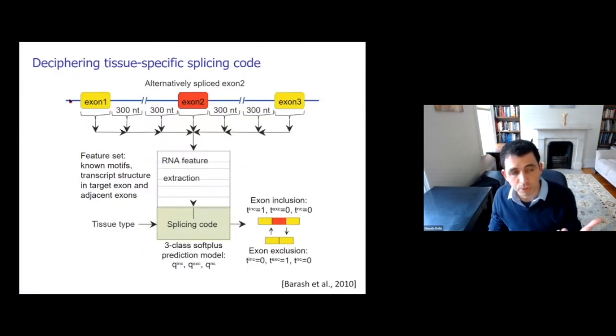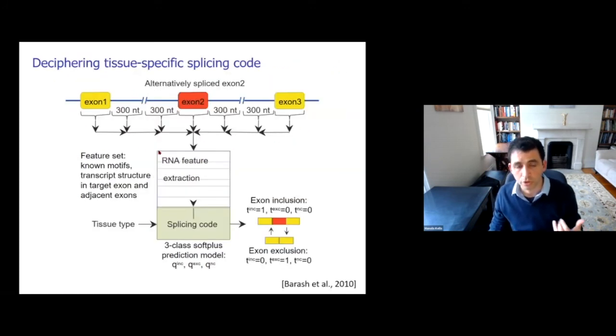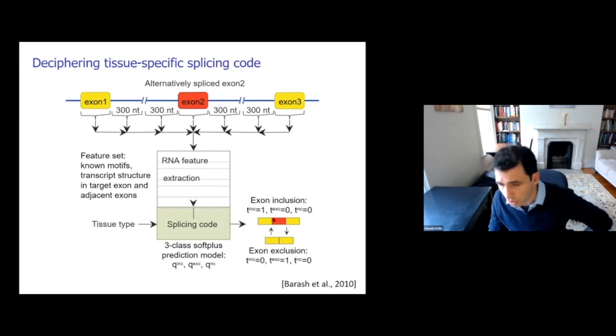As I mentioned earlier, these motifs are not just found in enhancer regions and in promoter regions, but they're also found in splicing and in many other locations. So there's been a lot of work in predicting tissue-specific splicing and the tissue-specific splicing code by changing the training, instead of saying what's bound and what's not bound at each location, to say, is an exon excluded or not in a particular cell type?